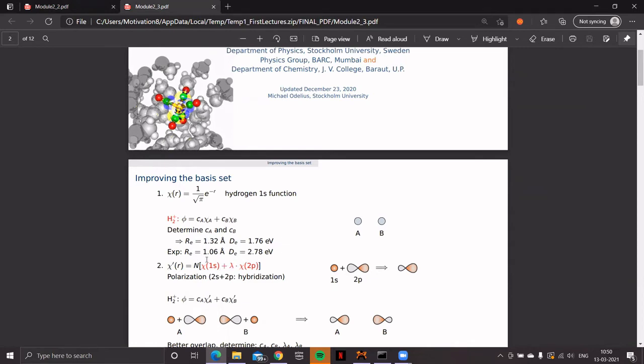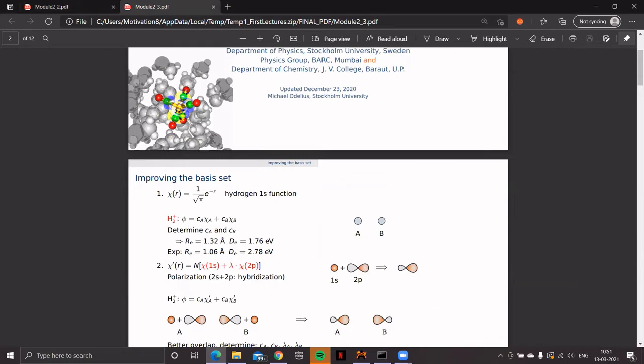The experimental bond length is 1.06 angstrom, and the dissociation energy is 2.78 electron volt, whereas the bond length obtained using hydrogen 1s orbital is found to be 1.32 angstrom, and the dissociation energy 1.76 electron volt. So do remember this. I'm going to repeat the calculation using ORCA.